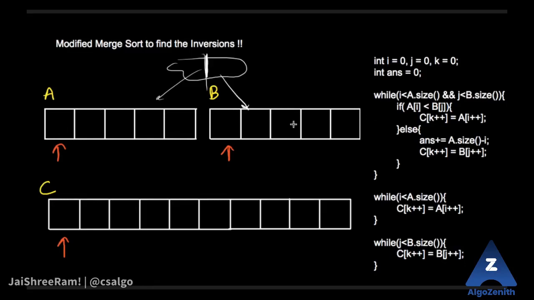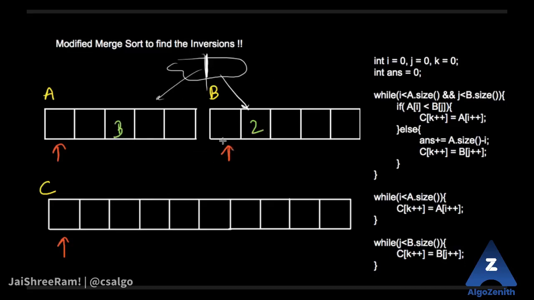So if there is some element over here, say 2, and some element over here, say 3, that means these would cause an inversion pair. These are guaranteed to cause an inversion pair because this part lies before in the array, so i is less than j but A of i is greater than A of j, so this will cause an inversion.